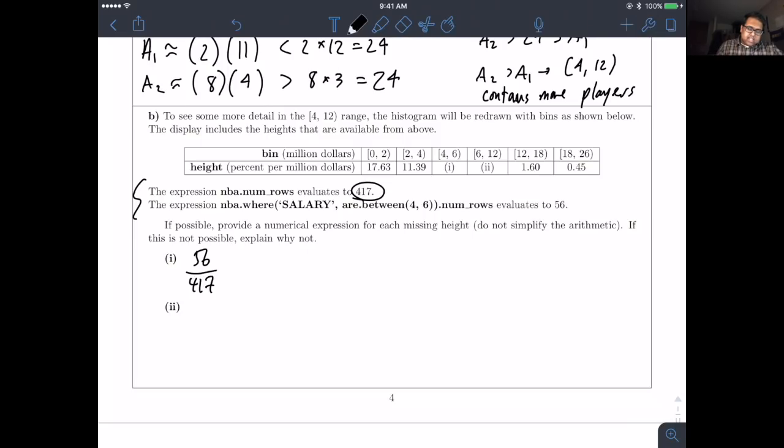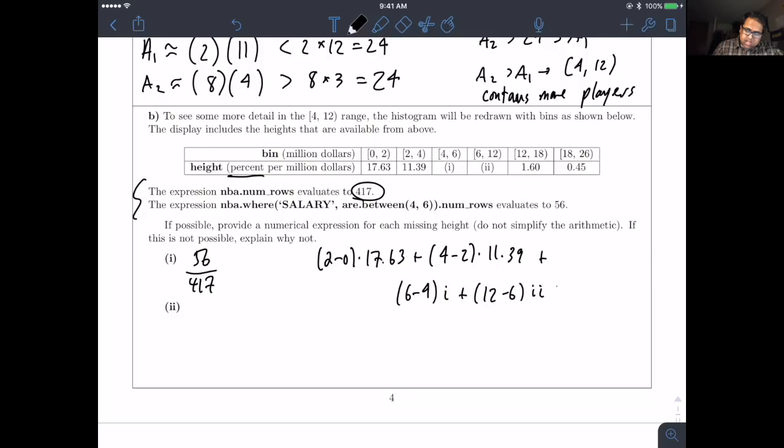And we know that since when we're talking about percent per $1 million, we know that 2 minus 0 times 17.63 plus 4 minus 2 times 11.39 plus 6 minus 4 times I plus 12 minus 6 times second I plus 18 minus 12 times 1.6 plus 26 minus 18 times 0.45 is equal to, well, that's 100. 100% of all the players in the NBA.